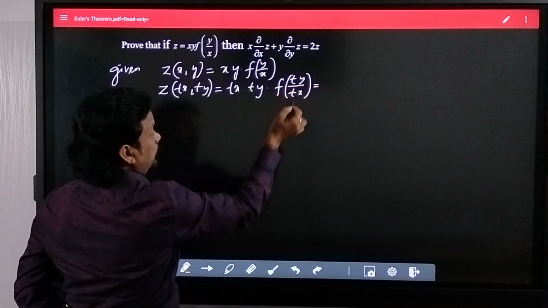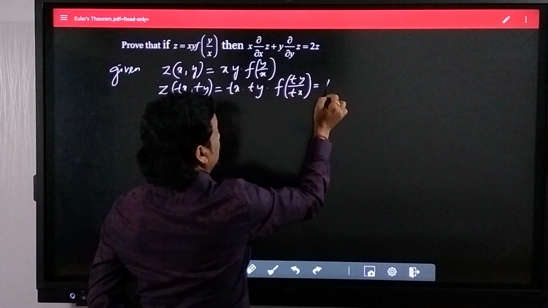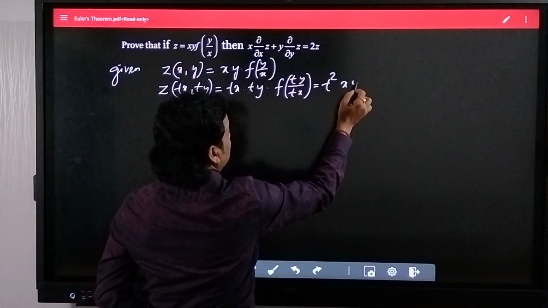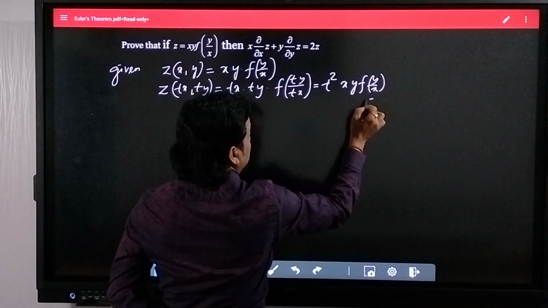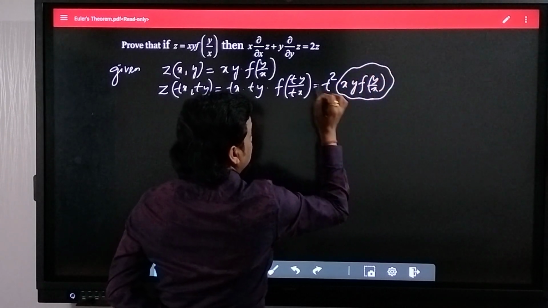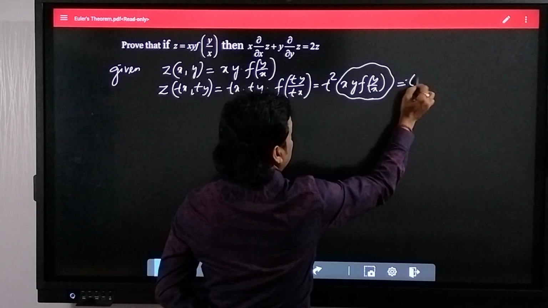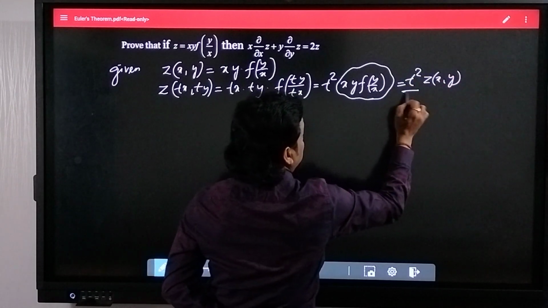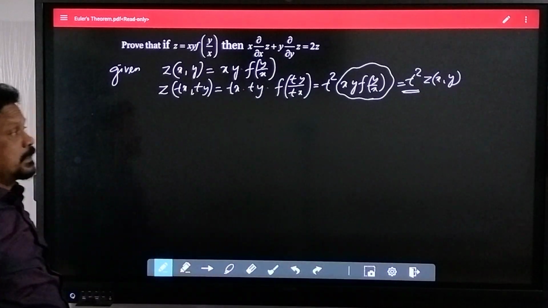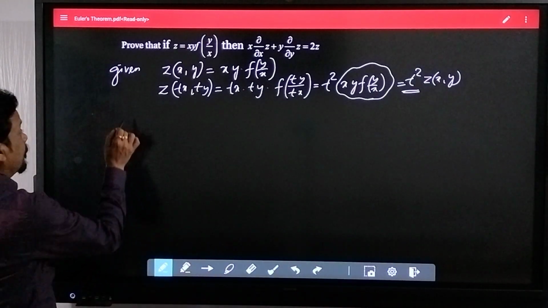This term becomes f of y by x, and this t into t, it is t square xy f of y by x. And this total part, this one, it is z of xy. That means t square into z of xy. That means z is a homogeneous function in x and y of degree 2.